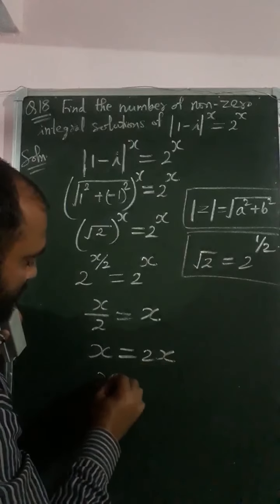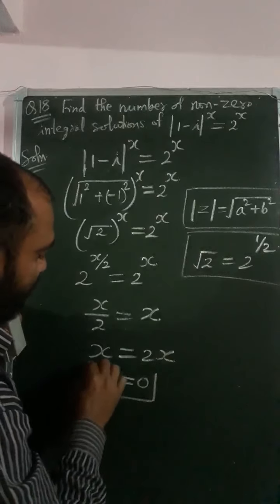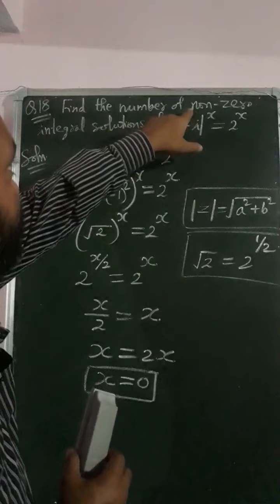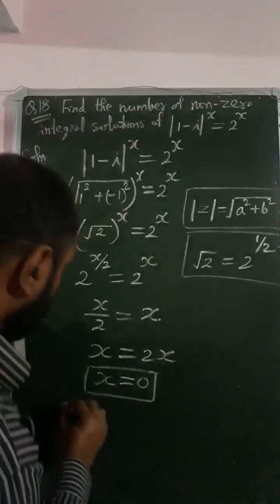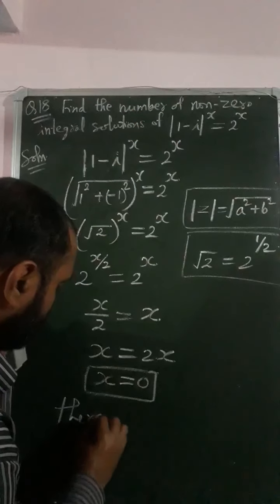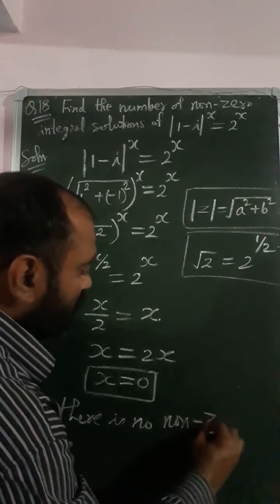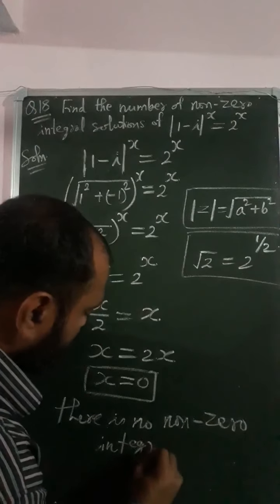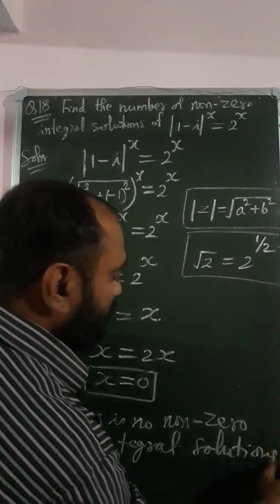So that is x is equal to 0. So the value of x is equal to 0. But we have to find the non-zero integral solutions. So there are no non-zero integral solutions. Right?